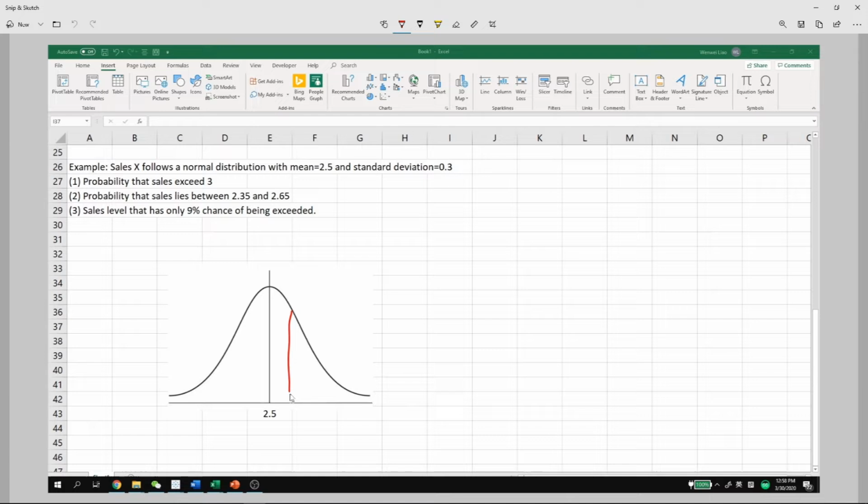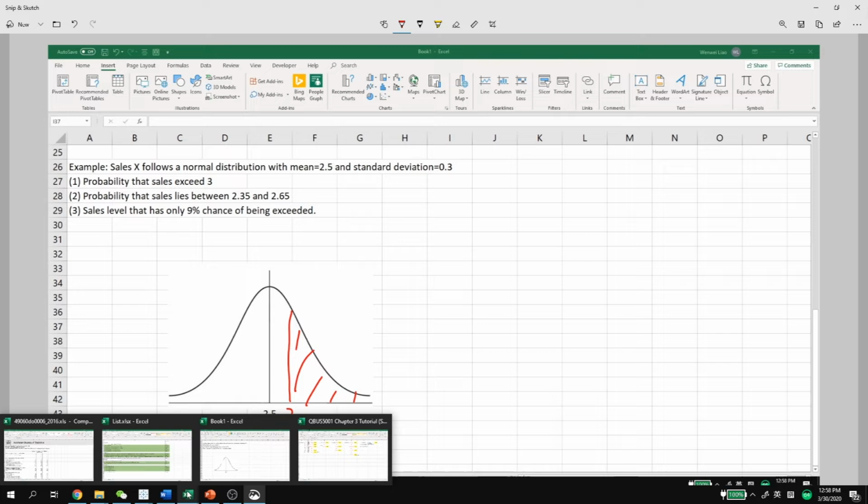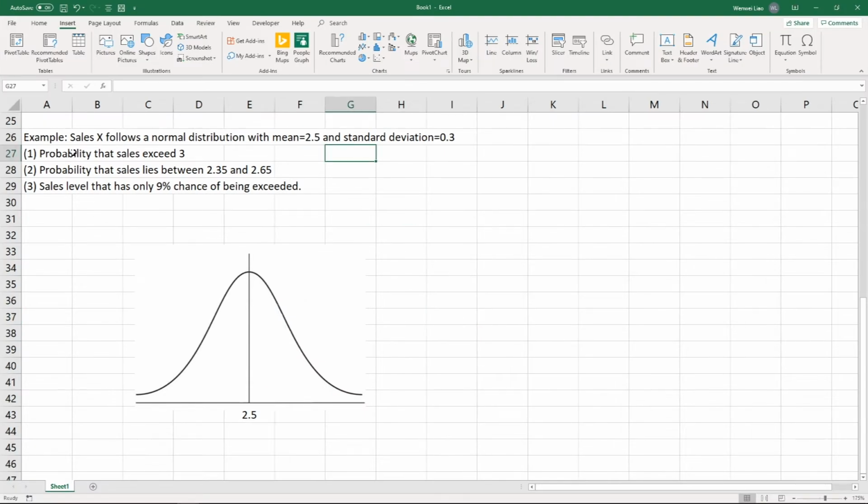You can draw 3 here, and we want to calculate the probability, which means the area here. So we can translate this sentence to P(x greater than 3), right?